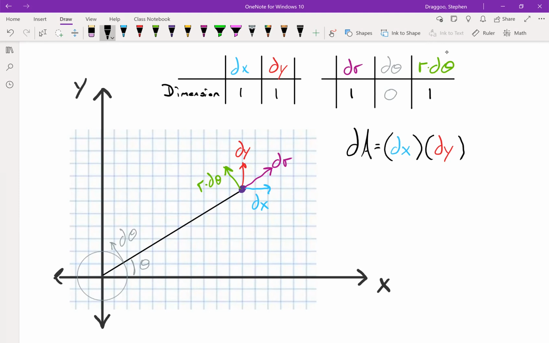Since r is dimension 1 but d theta is dimension 0, that product should come out to a dimension of 1. Meaning that if I want to get that dA, the infinitesimal change in the area where our point is in polar coordinates, I'll want to multiply dr, which is the one that just makes sense, by r d theta.